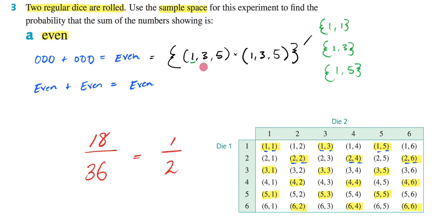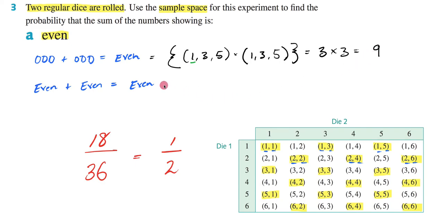So as you can see, there are 3 possible outcomes for odd, odd if my first roll is 1: 1, 1, 1, 3, 1, 5. And you could do that for all 3 outcomes there. So we're going to get 3 times 3, which is 9. So if I have 2 odd numbers giving me an even number, there are going to be 9 times when that's going to happen in my sample space when I'm rolling 2 regular dice.